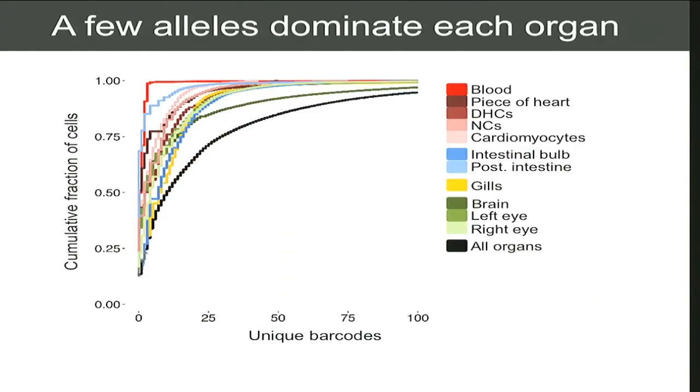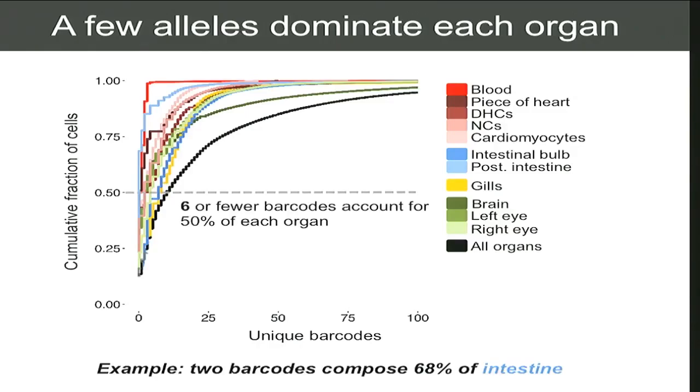So this is a histogram of the fraction of cells that are explained by the most dominant alleles, where the alleles correspond to these marked early progenitors. And so the blood is the histogram in red, where you can see almost all of it's explained by a few. But for every adult tissue that we looked at, 6 or fewer barcodes account for more than half of the organ, right?